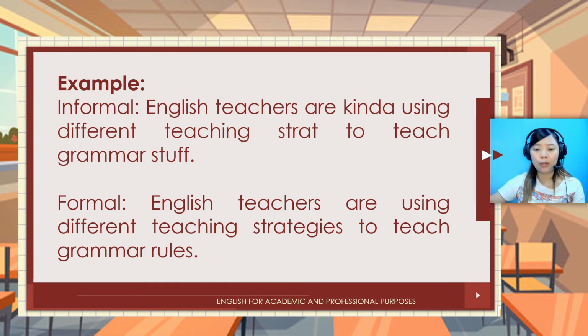To make it formal, we say: English teachers are using different teaching strategies to teach grammar rules. Stuff is changed into rules, which is specific, strat into strategies, and kinda is erased in the formal sentence.